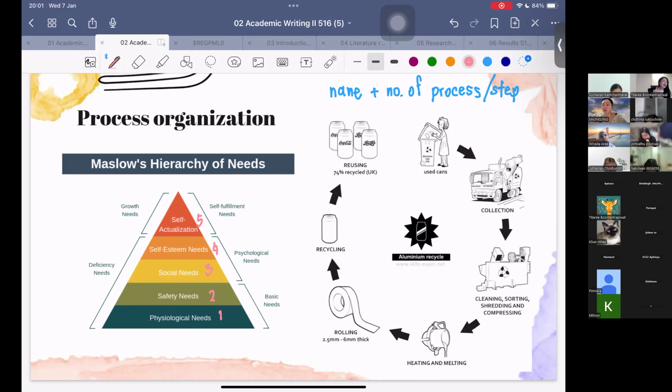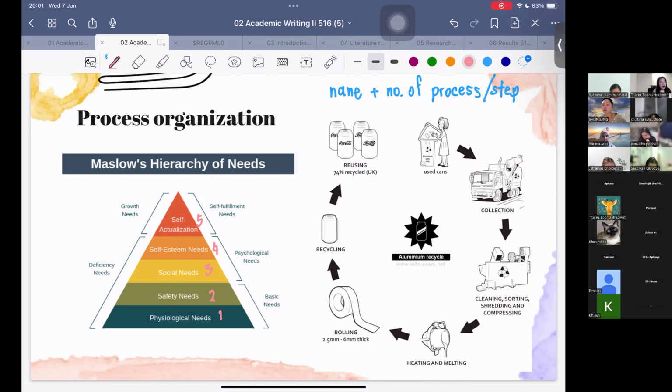So if you feel that you need to provide super detailed information for this theory, yes, it's possible that you can have 5 body paragraphs based on each component. For each body paragraph, you're going to write 1 component.